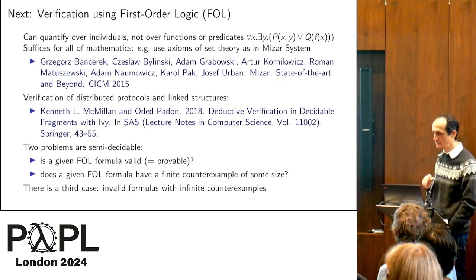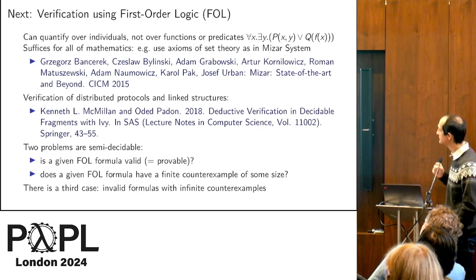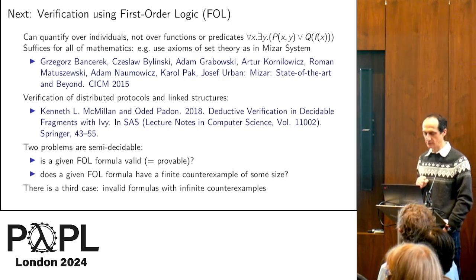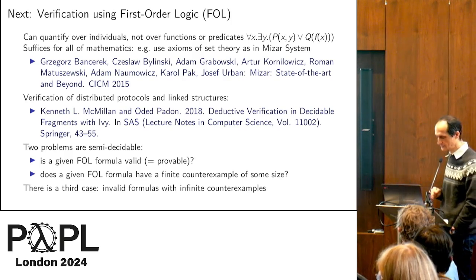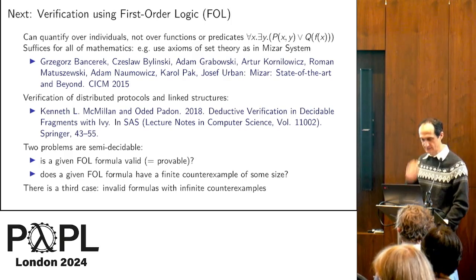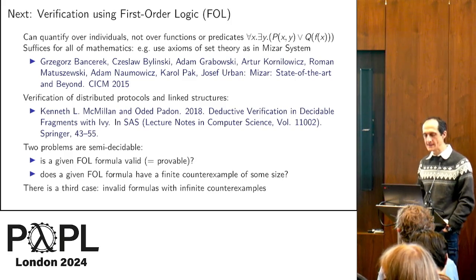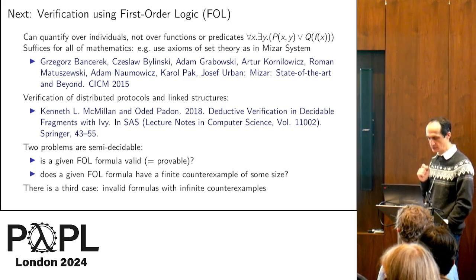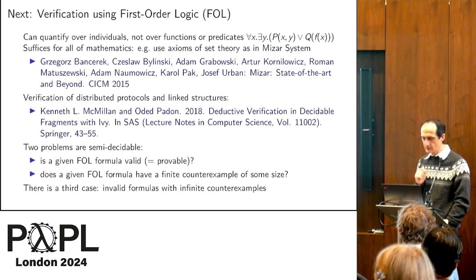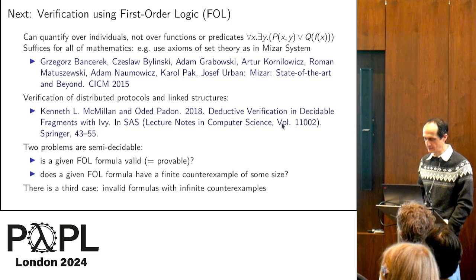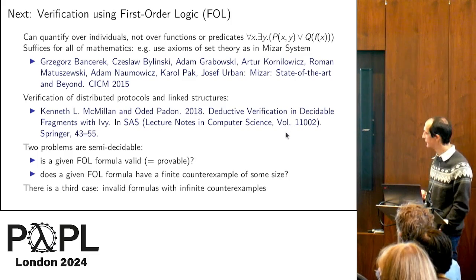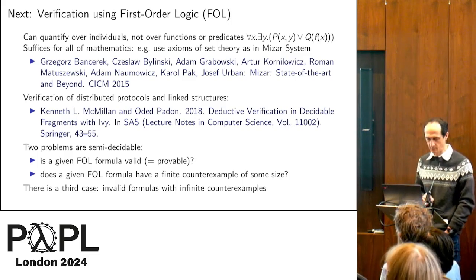And one example of that is the Mizar system that used set theory in schematic first-order logic to axiomatize this. And we also have work on using proof assistants based on set theory, as you can find in other proof assistants. And now, given that first-order logic is very general, it is also of great practical interest, and in particular, it's been used in verification of distributed protocols.